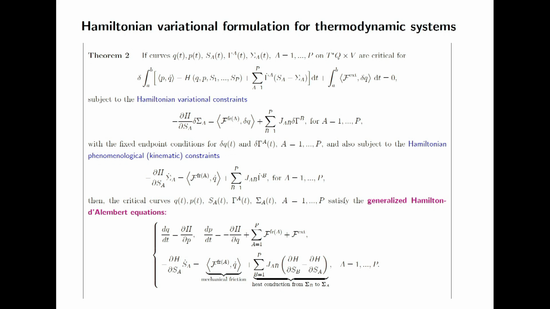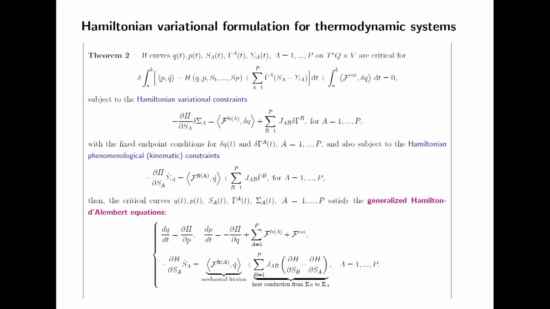Okay, so here we have some additional terms associated with the constraint for the external entropy production rate, but okay, and we impose this, and then the critical curve satisfies these equations.